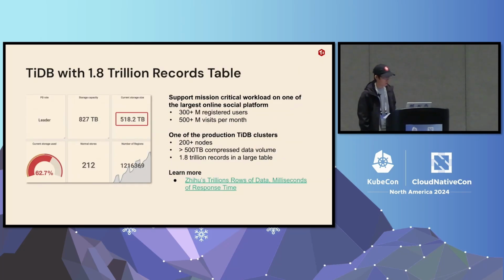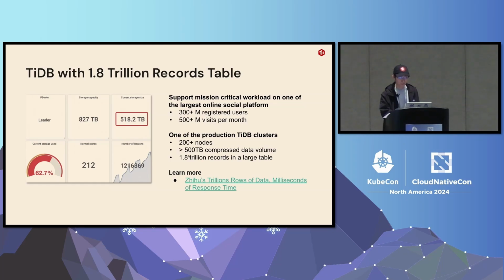And the other use case is a large cluster with more than 500 terabytes of compressed data. This is an online social platform. They have more than 300 million registered users.